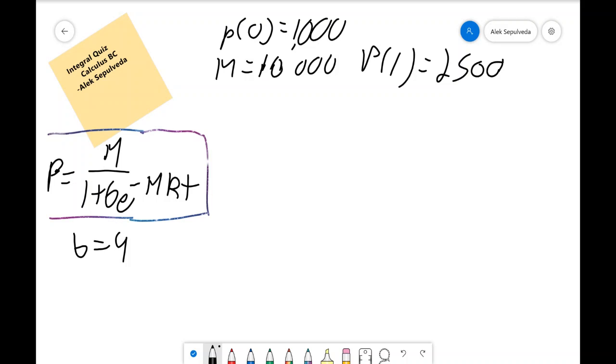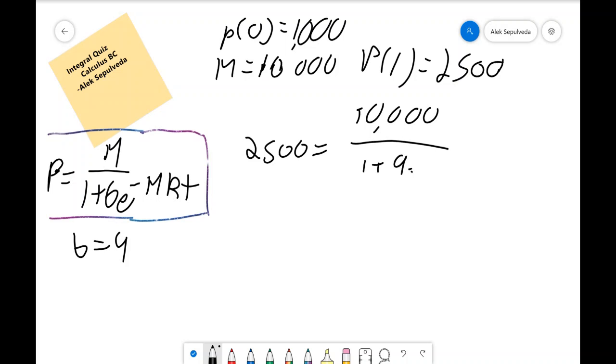When population is equal to 2,500, we have 10,000 all over 1 plus 9e to the power of negative 10,000k, because time, which is at this point 1, multiplied against any constant is going to be that constant.